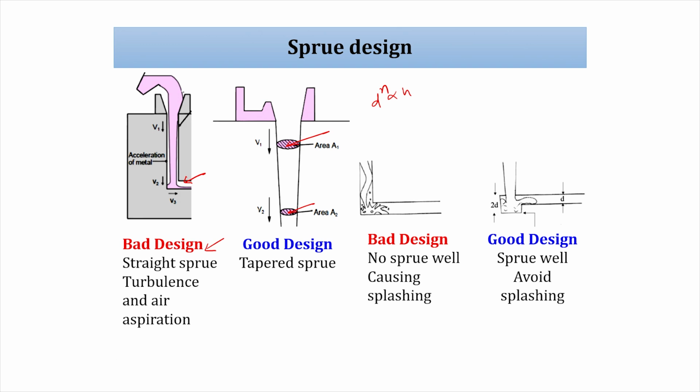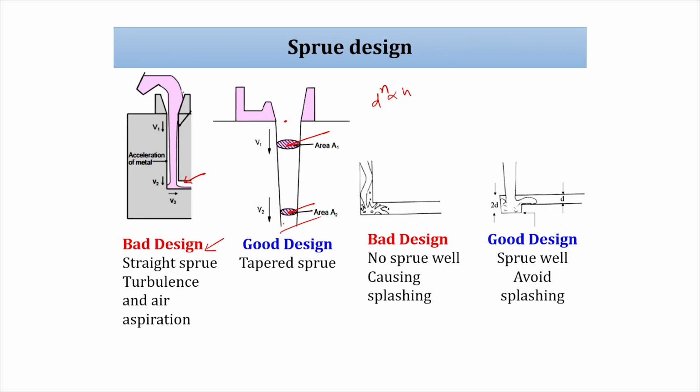Along the depth the cross section area should decrease, which is ideal where pressure is atmospheric, whereas we are not going to make a parabolic sprue, it is easier to make a tapered straight sprue. What is happening here and here will be atmospheric pressure, and at the remaining places the pressure will be higher than atmospheric, that is good for us.